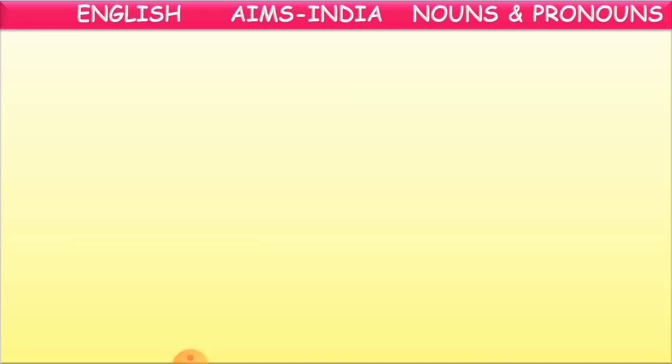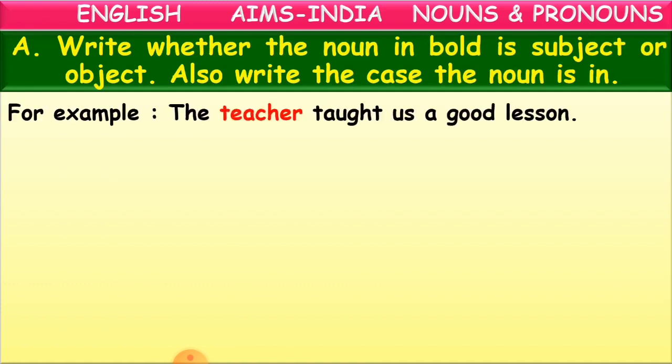Let us continue with some more exercises with those cases. For example, here: the teacher taught us a good lesson. What do we have to do? We have to write whether the noun in bold is subject or object, and also write which case the noun is in, nominative or accusative.